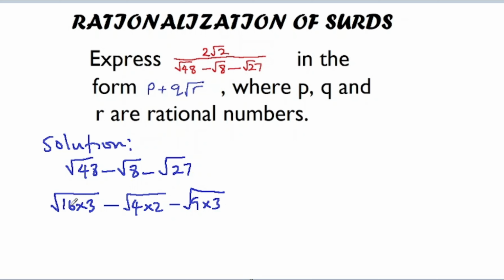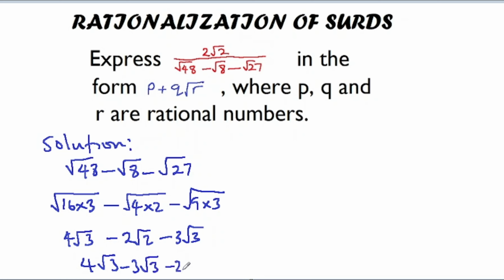The square root of 16 is 4, so we're going to have 4 root 3. The square root of 4 is 2, so we have minus 2 root 2. And the square root of 9 is 3, so we have 3 root 3. So 4 root 3 minus 3 root 3 minus 2 root 2 gives us 1 root 3, which we write as root 3 minus 2 root 2.